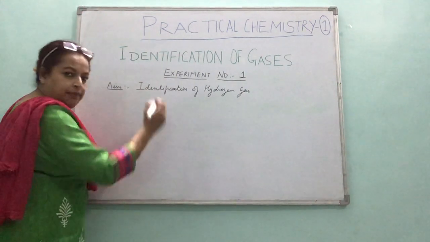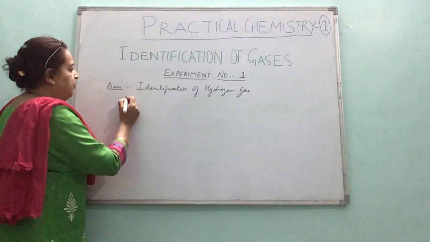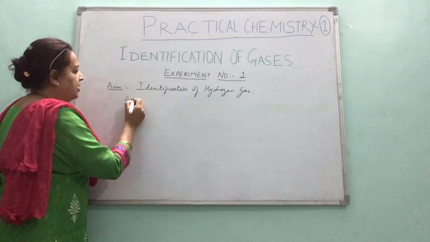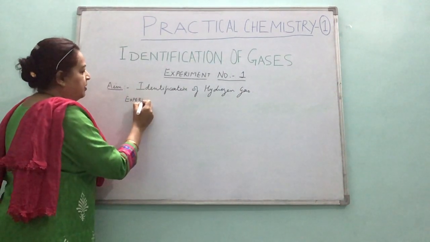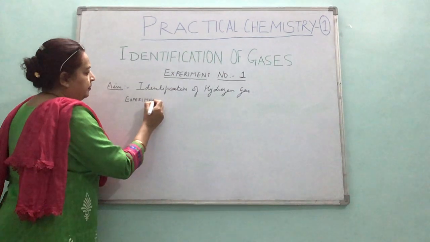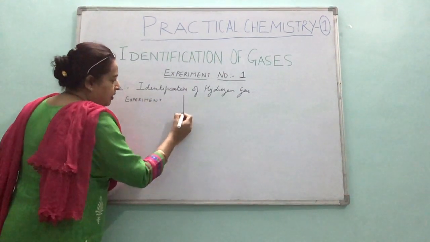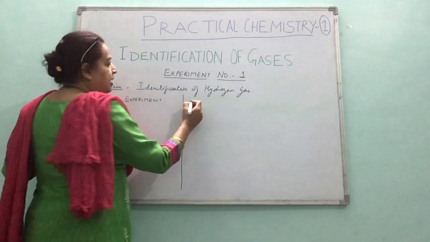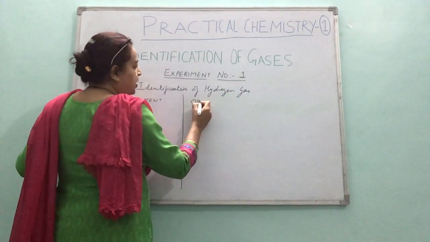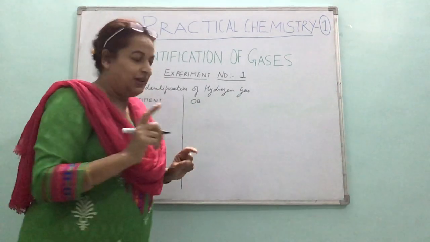Then you will divide the page into 3 columns. The first column heading is Experiment. Experiment means whatever we are doing. This is all to be done on the ruled side. Then the heading is Observation. Children, the word Observation is very important.